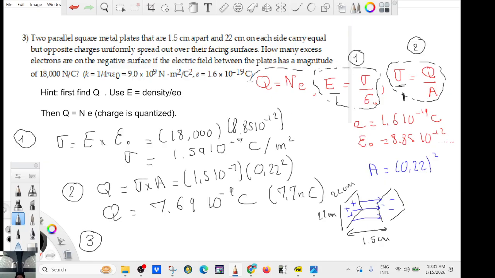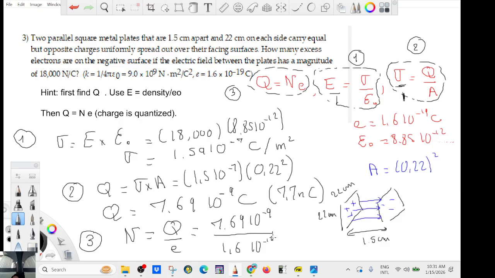For part 3, I'm going to use this one. So this is an integer. It's going to be Q divided by the elementary charge. So it's going to be 7.69 times 10 to the negative 9 divided by 1.6 times 10 to the negative 19.